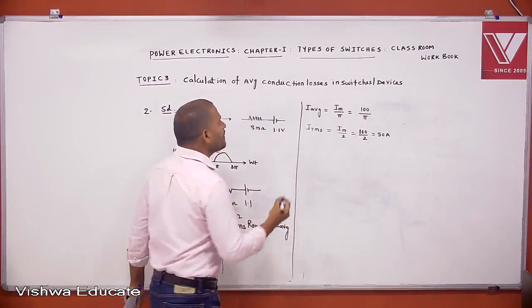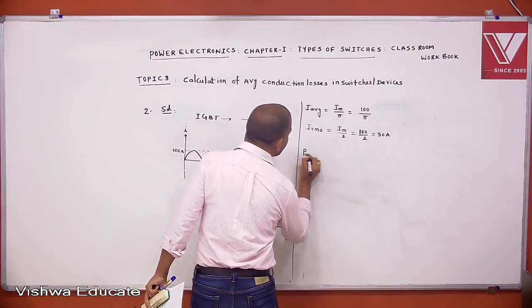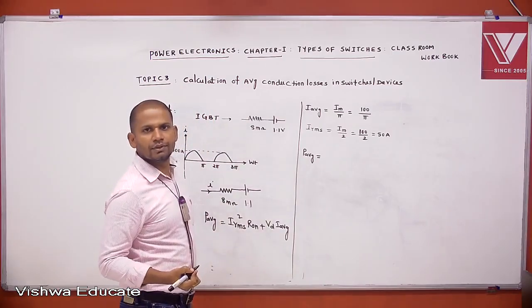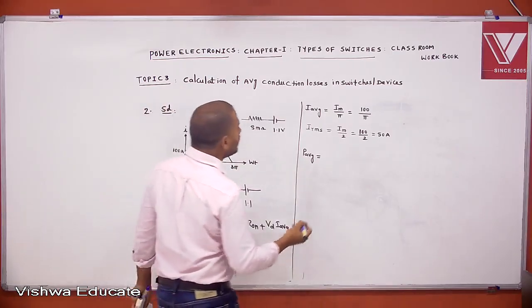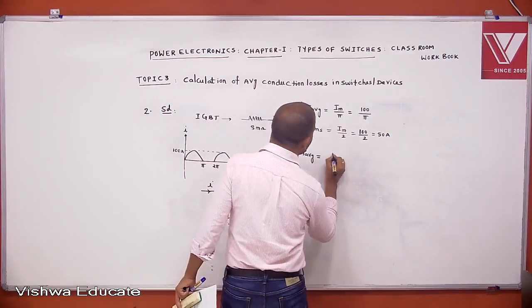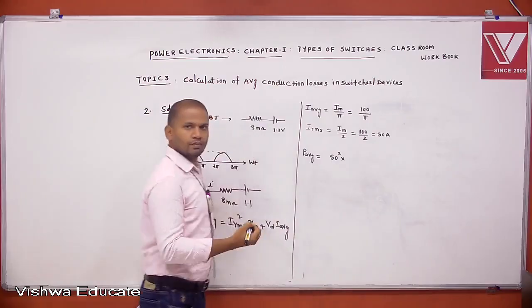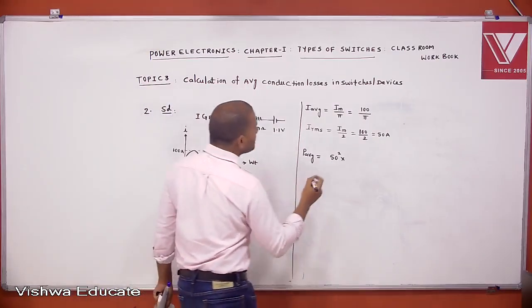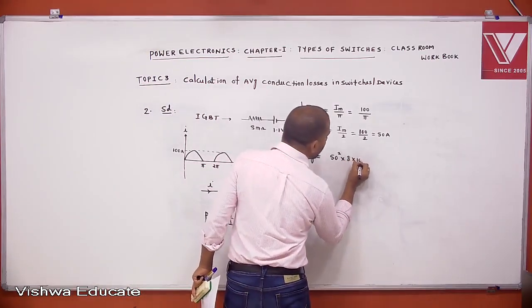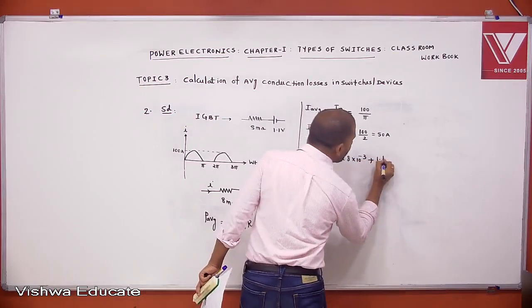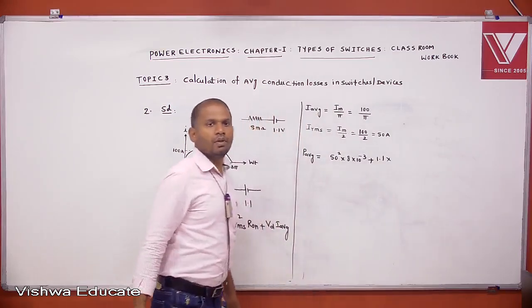Then what is the average power loss? The average power loss equals I RMS square, that is 50 square, into the on-state resistance 8 milliohms, 8 into 10 to the power of minus 3, plus VD, 1.1 volt, into I average.